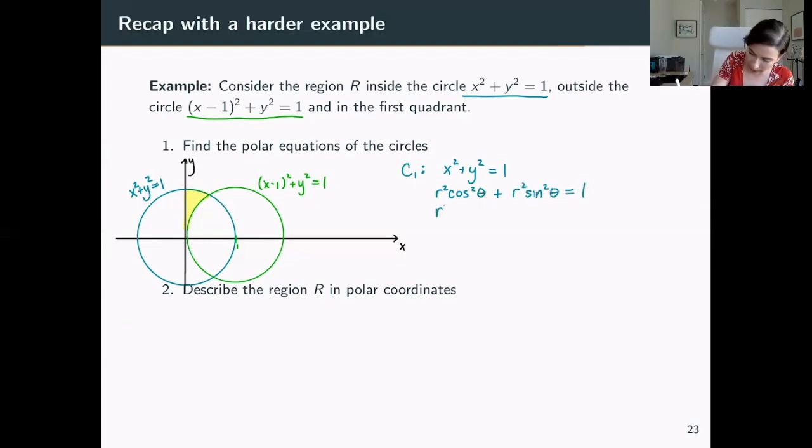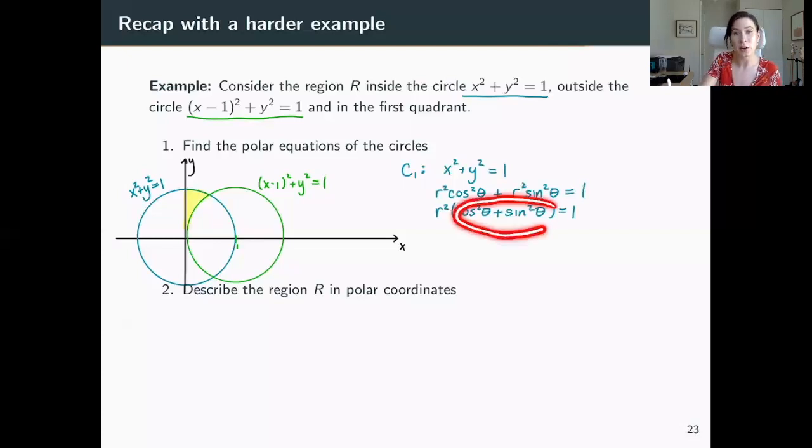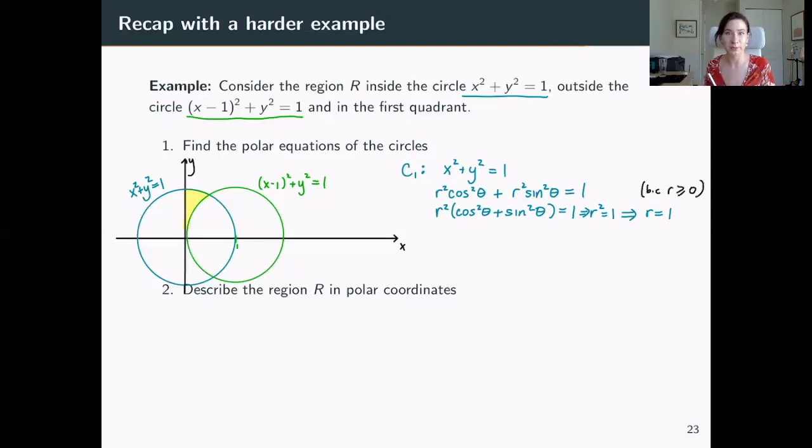Simplifying a little bit, we get r² times (cos² theta plus sin² theta) = 1. But we know that this expression is always equal to 1. So this gives me that r² is equal to 1, which implies that r should be equal to 1 because we know that r is always going to be bigger than or equal to 0.